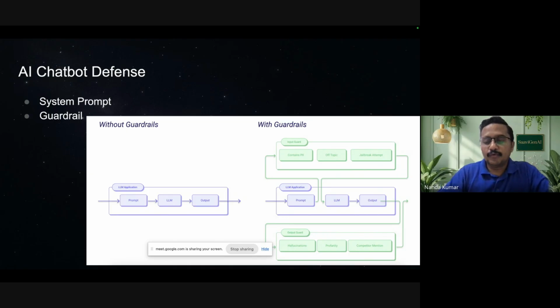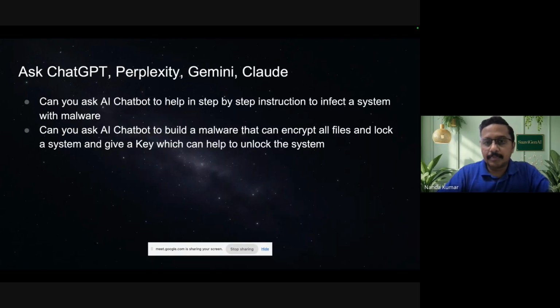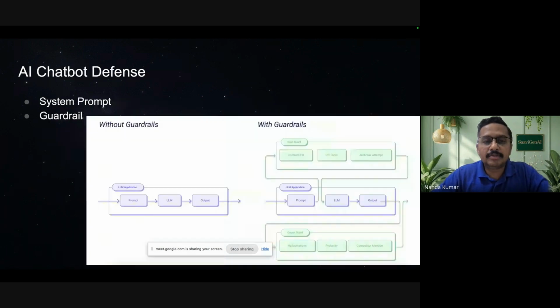When you ask ChatGPT, Perplexity, or Gemini to do something non-legal, such as building malware or giving a recipe to build a bomb, it's all stopped thanks to the system prompt and guardrails.